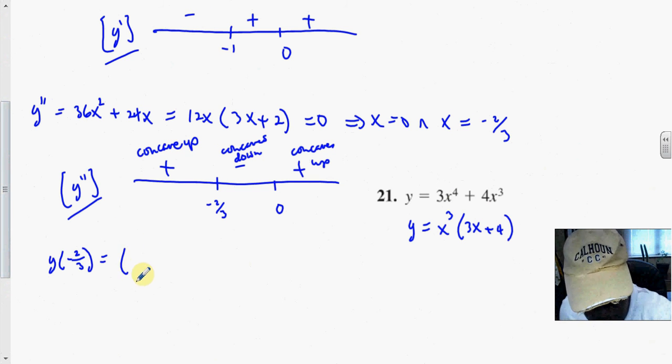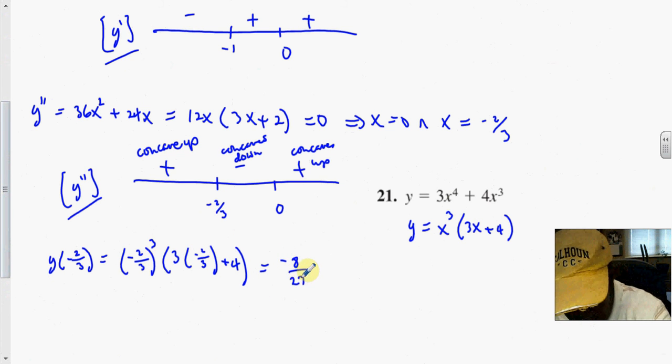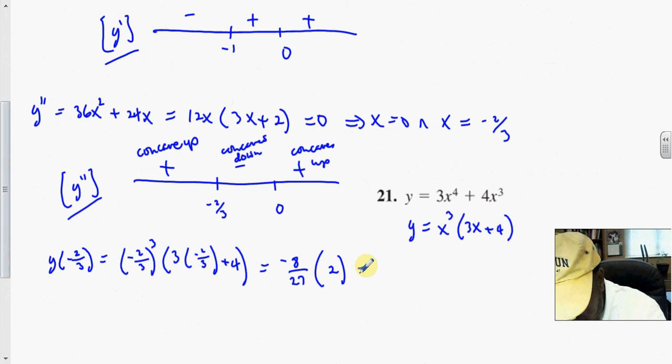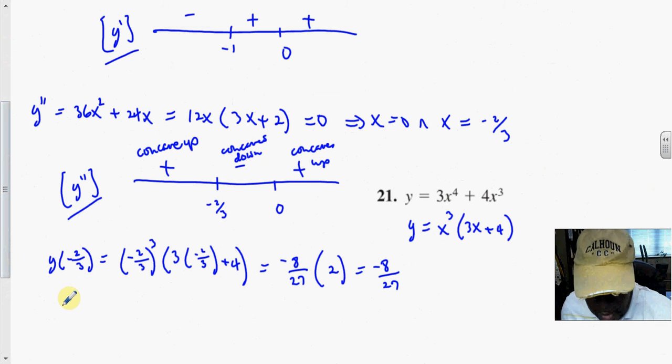So this is negative 2/3 to the third times 3 times x, which is negative 2/3 plus 4. So this is negative 8 over 27 times, here the 3's cancel. This is negative 2 plus 4. We just get 2. So we get negative 8 over 27. So that's one point. Then the other is at 0, so that's easy.